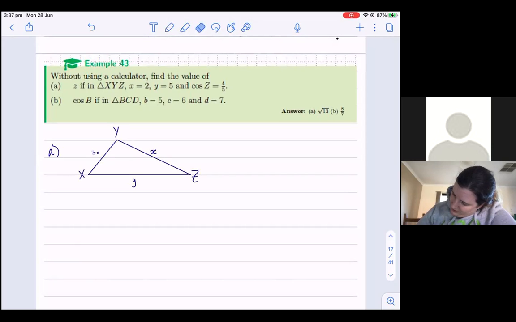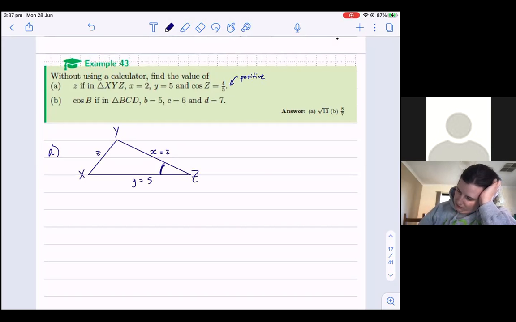They've told us x is 2, y is 5, cos z equals positive 4/5. Now, cos is positive and this triangle is less than 180, and we're trying to find this little z.